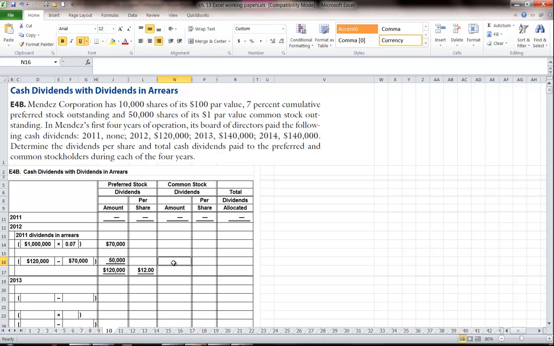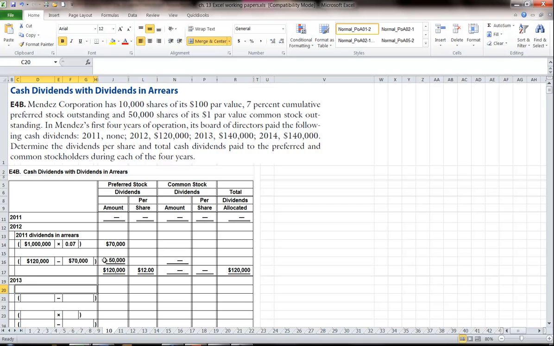And then there's nothing left over, and our common stockholders only get what's left over, so they will get 0. And then we've paid out the full $120,000 that was declared.